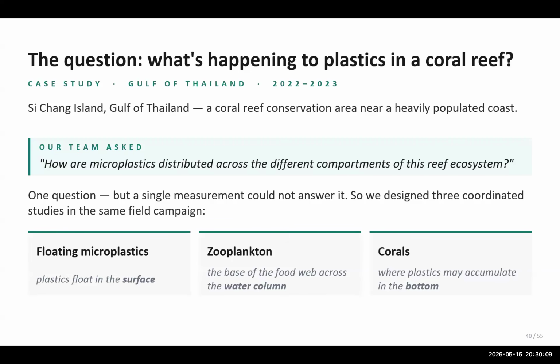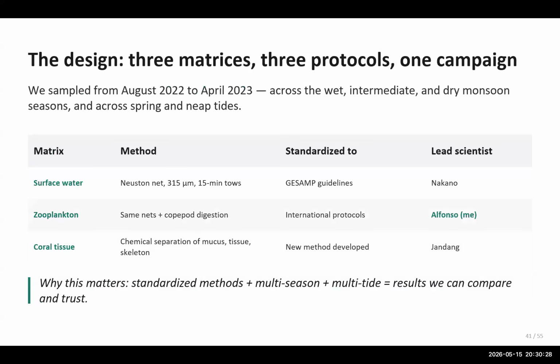And my colleague, who dives, took samples from corals at the bottom to measure microplastic presence and accumulation in the corals. So we have 3 different matrices and 1 question. Let's look at the design.